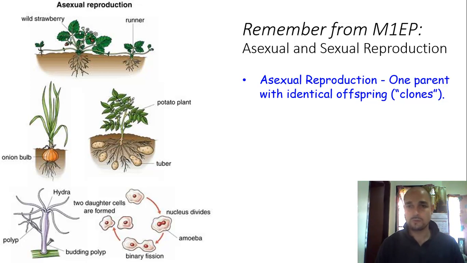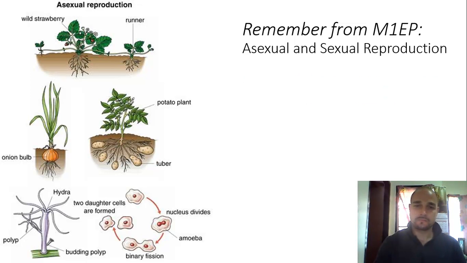Those two can become 4, 4 become 8, 8 become 16, and so on. A lot of the cells in our body, in fact all of the cells except for sperm cells or egg cells, go through asexual reproduction, cell division, making copies of themselves. Hair cells, skin cells, muscle cells, very good examples.